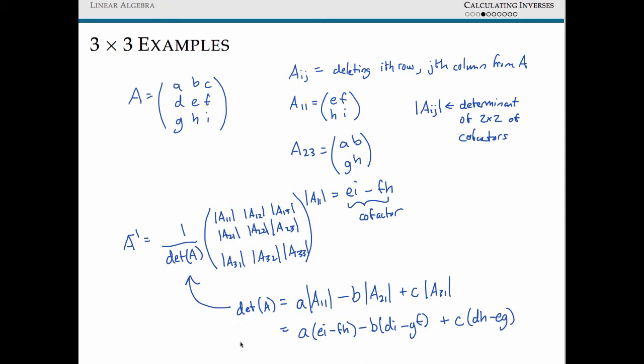So this is our formula for the determinant of a 3 by 3 matrix. This involves computing a decent number of these little cofactors and this one long determinant, but it gives us a closed formula for something that otherwise we'd have to spend a decent amount of time row reducing.